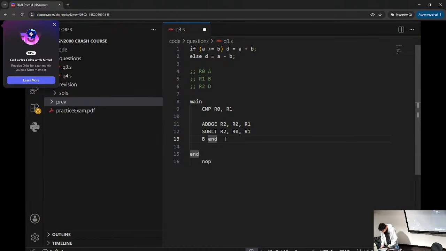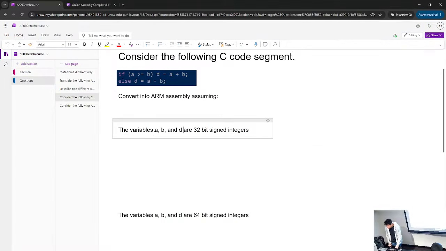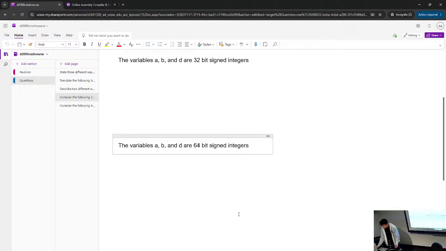Cool. Let's look at the next stage, which is 64-bit integers. Now, this one's a little bit trickier. So let's suppose, just for definition's sake, A is equal to R0 and R1.